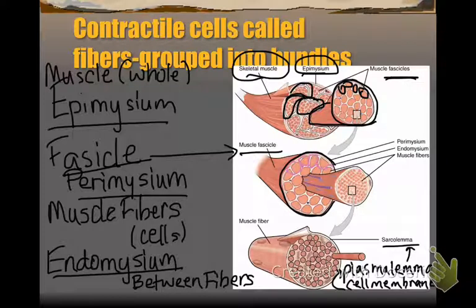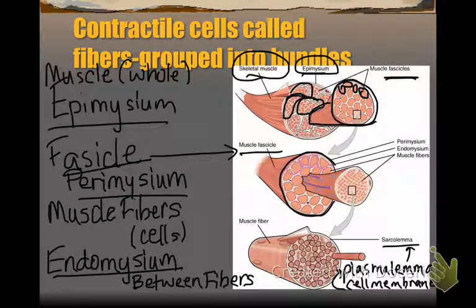Okay? So the muscle has a wrapping. Then there are bundles within the muscle called fascicles, bundles of cells, and each of those fascicles has an individual wrapping called the perimysium. The fascicle itself is made up of lots and lots of muscle fibers, which are muscle cells. And there's wrapping in between the muscle cells called endomysium.